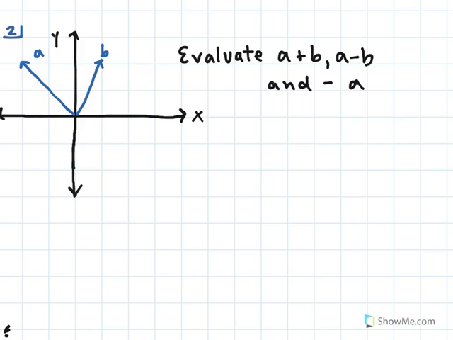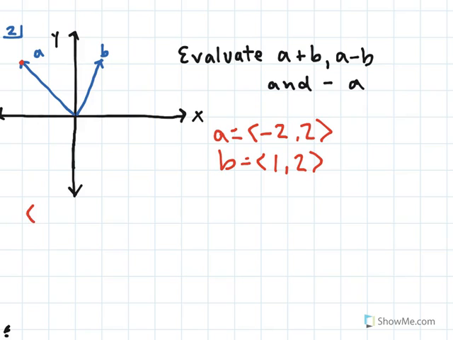So our vectors can be written in component form, which would be basically its terminating point on our graph. So for A, we would have the vector <-2, 2>, and for B, we have the vector <1, 2>.